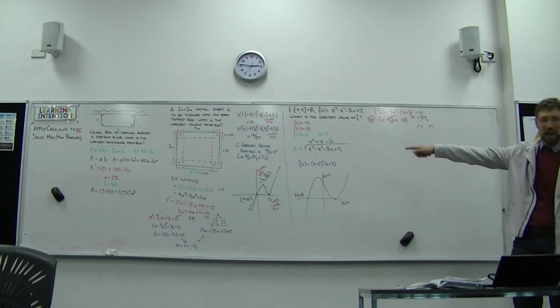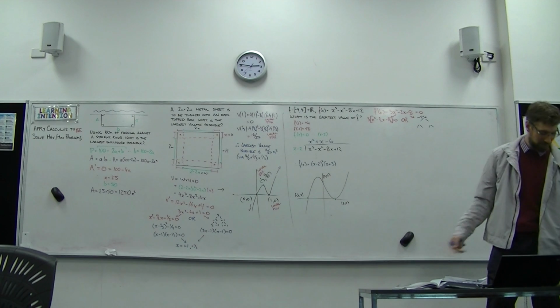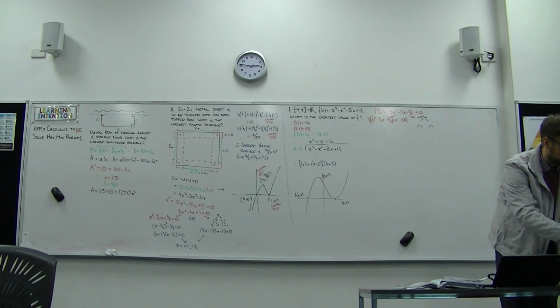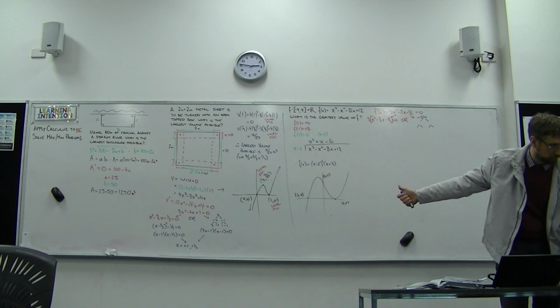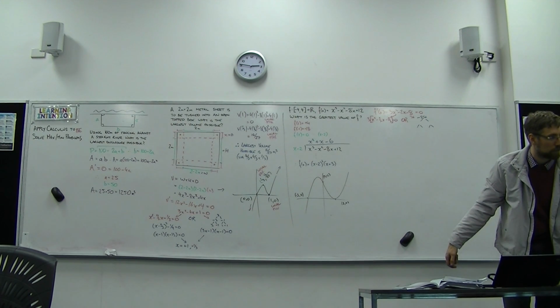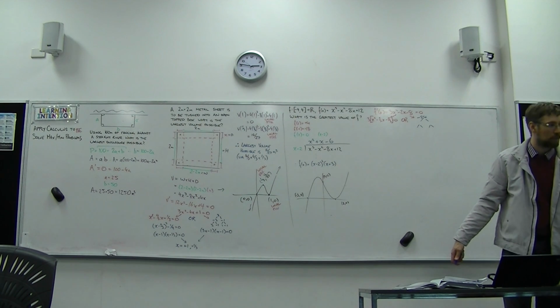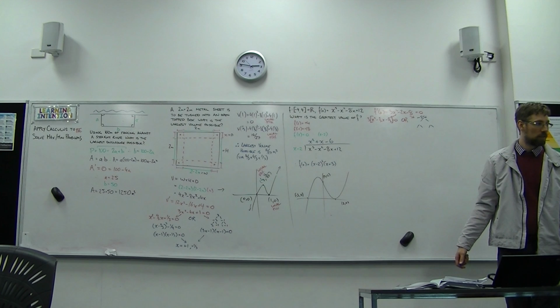If this edge was here, such that this edge was all square, then that's what that folds off. Oh, yeah, but x is not the same as 2.